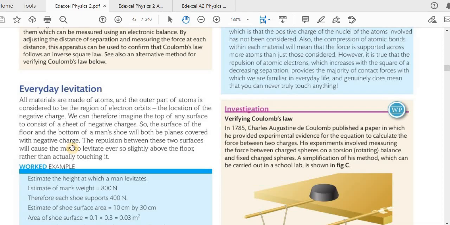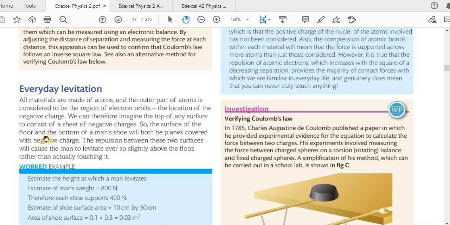That's why they say on the outside you have layers, or shells, of electrons. The repulsion between these two surfaces will cause the man to levitate, even so slightly, above the floor rather than actually touching it.